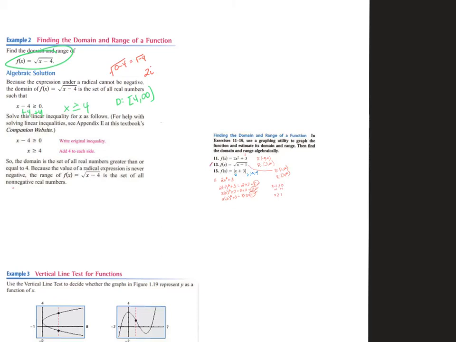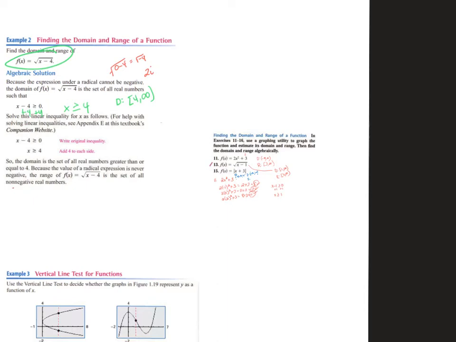That's fine. My range is what's going to be a little different. If I plug in a negative number, say -1, well, -1 plus 3, okay, good. What about if I plug in -4? I get -4 plus 3, absolute value of -1 is 1.